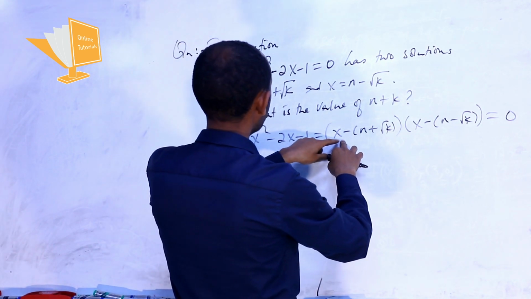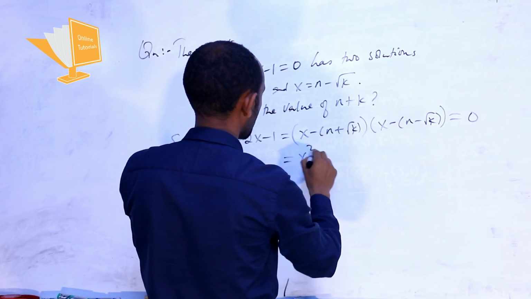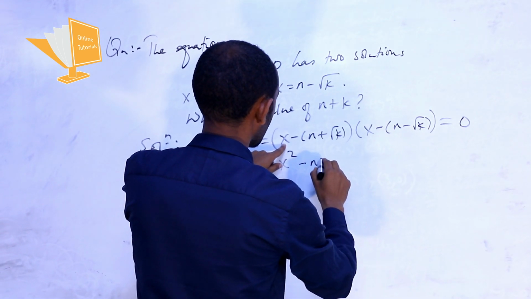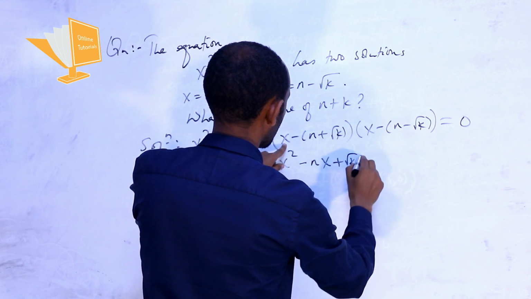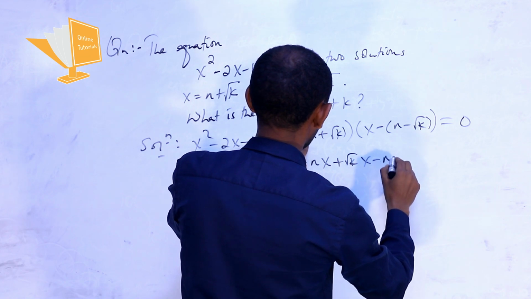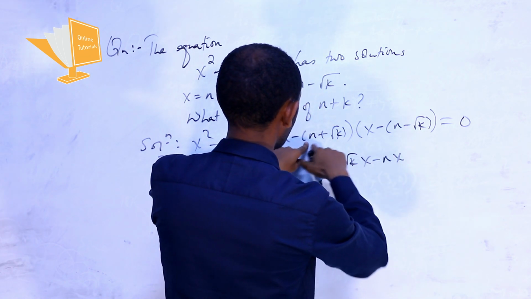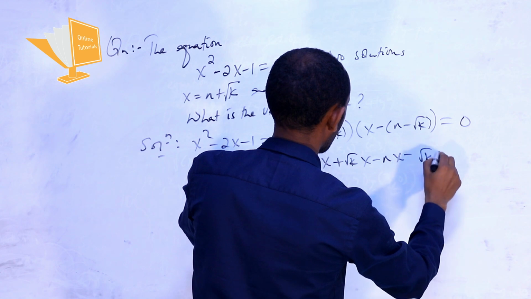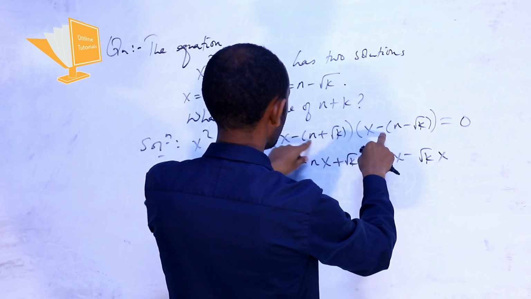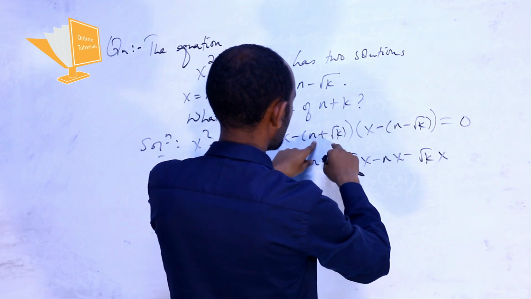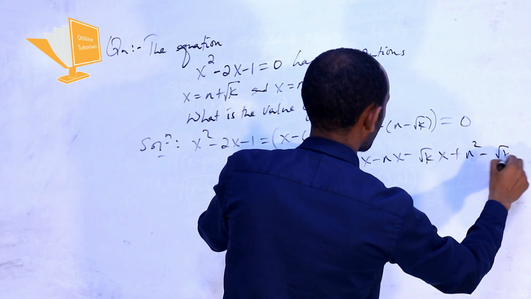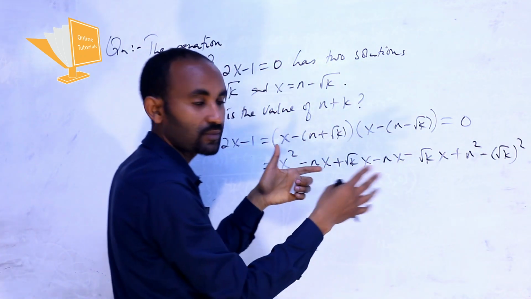What does this mean? x times x is x squared; x times this thing is minus nx minus root k times x; then this times this, minus nx, and this times this, plus root k times x. Again, this times this, both are negative, so negative by negative is positive: n squared minus root k whole squared, like (a plus b)(a minus b).